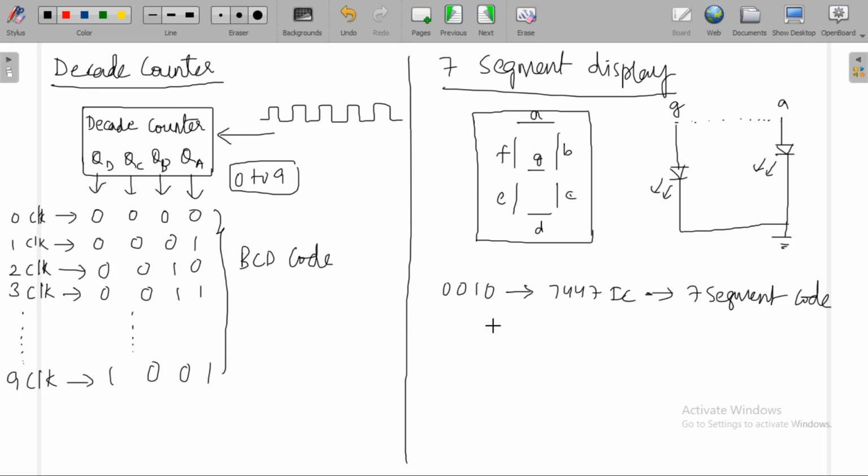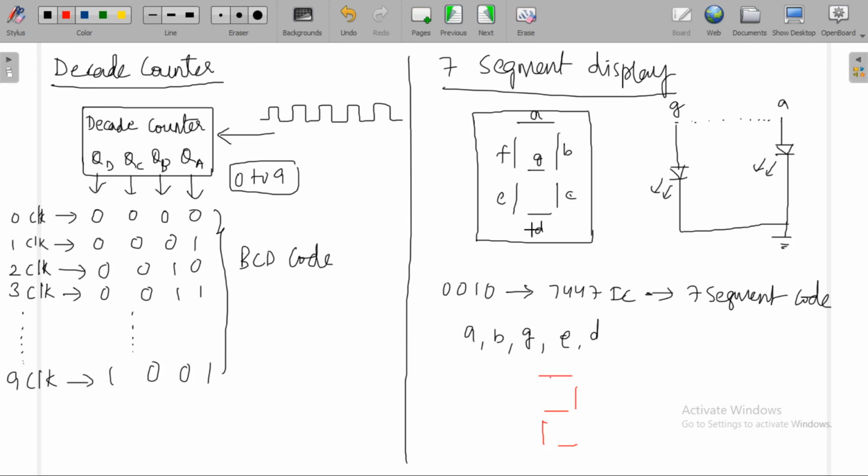So it displays 2. It displays 2 by glowing A, B, G, E, D. Okay, so it displays like this: A, B, G, E, and D. So 2 will be displayed.